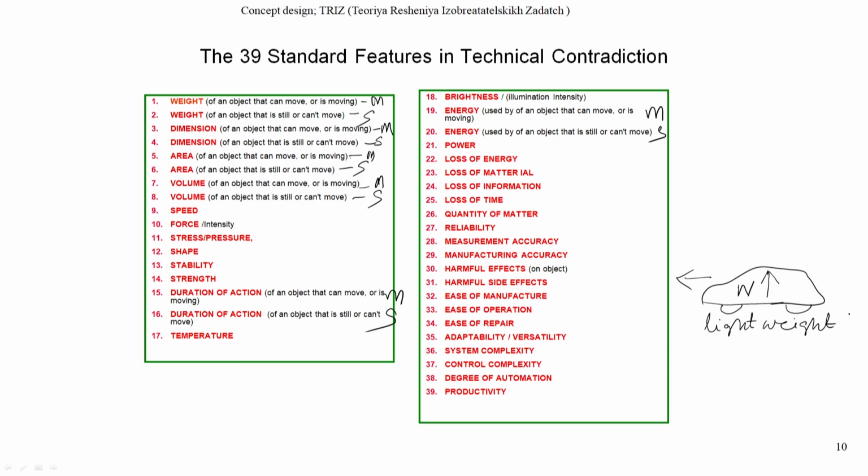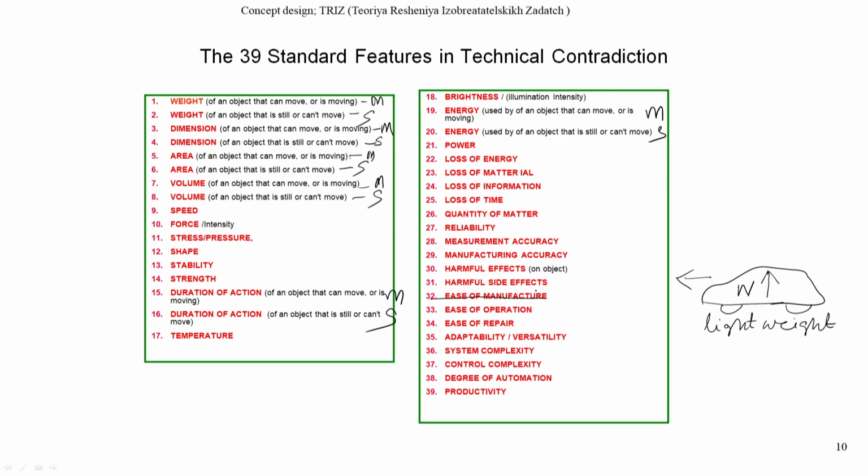With which I can have a contradiction about it. Well, if I make the car lighter and lighter and lighter, I know that there will be a challenge in manufacturing, because there can be the buckling of the sheets. So, the ease of manufacture is going to have a contradiction.